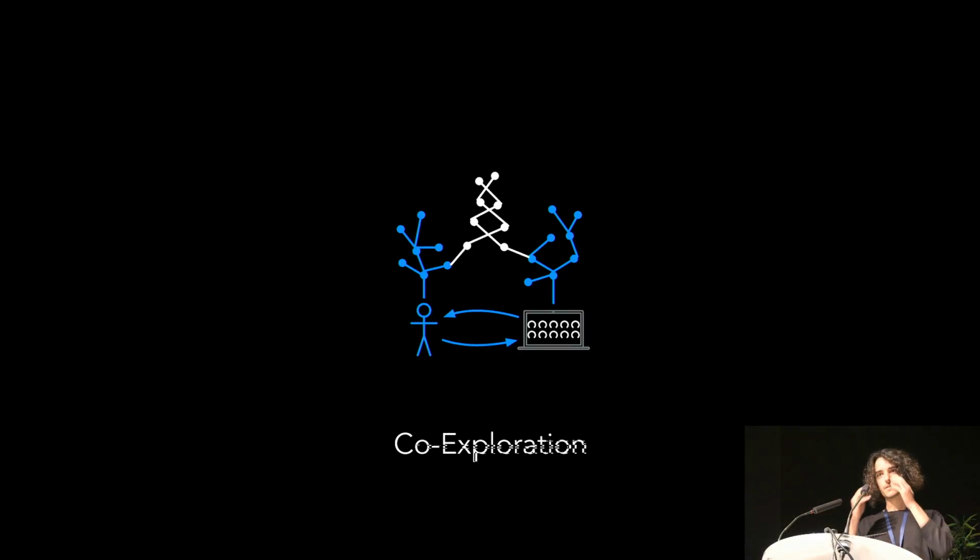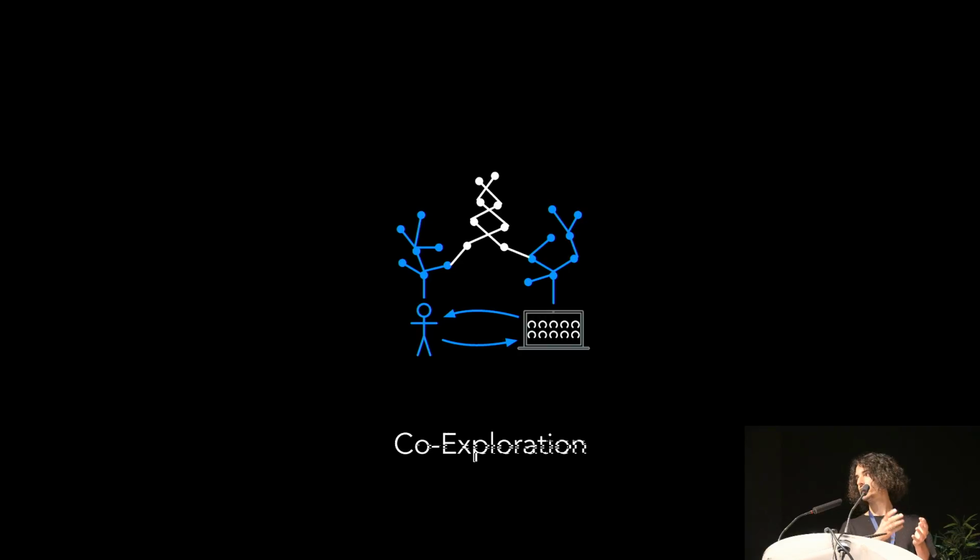So we began thinking about this new paradigm that we called co-exploration, where a user actively explores the space of possible ideas that he may have, and the machine will learn incrementally a way to explore so that it pleases the user.